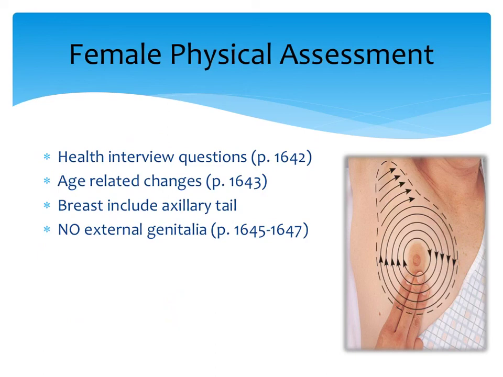Age-related changes are important. We need to know that the breast also includes the axillary tail because we are also assessing those lymph nodes. Those axillary lymph nodes are very important. As the nurse, you are not going to routinely do an internal or, for the most part, an external vaginal exam.